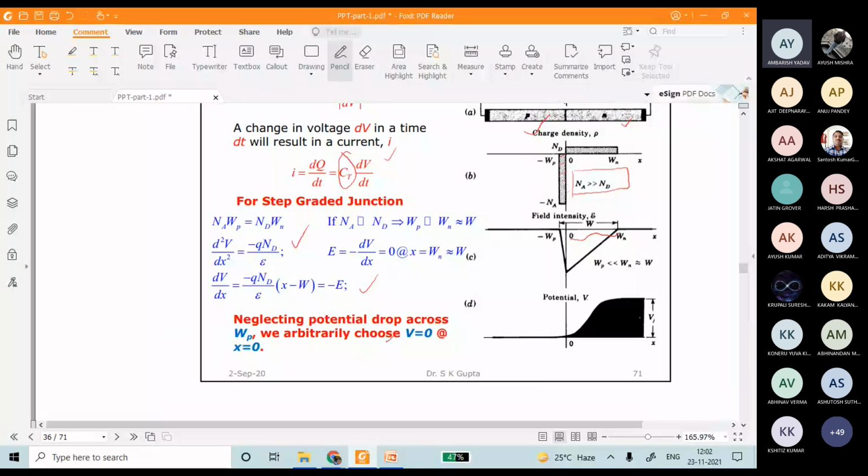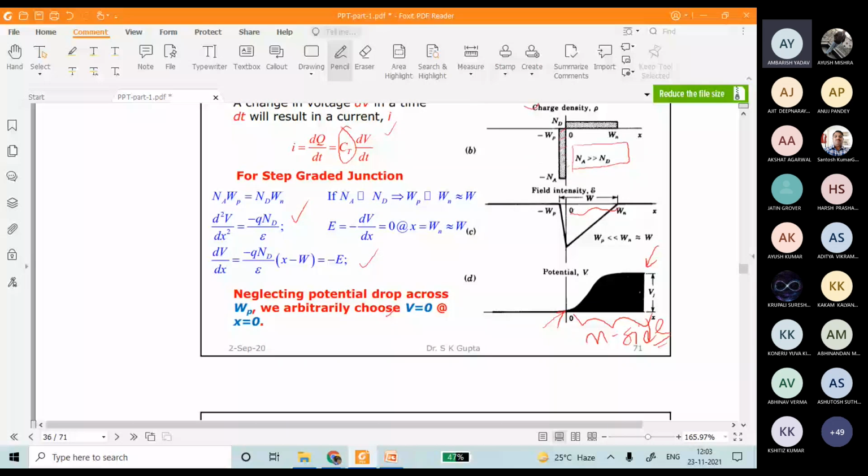Assuming that at x equal to 0 the potential is almost 0, the full potential barrier happens to be on the N side. That is what is taken, and using these relations one can find this.